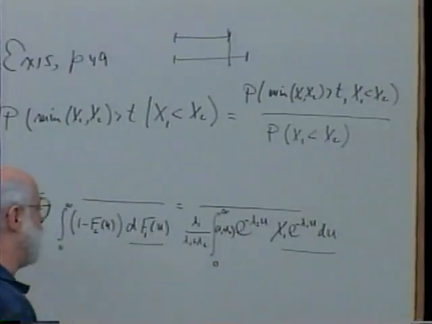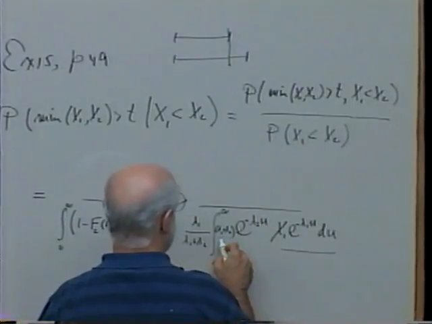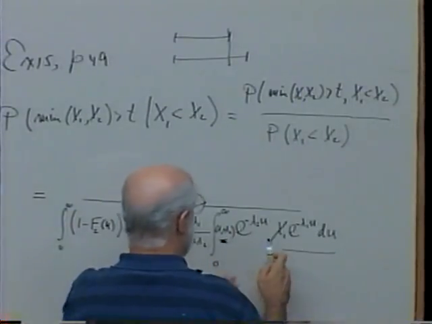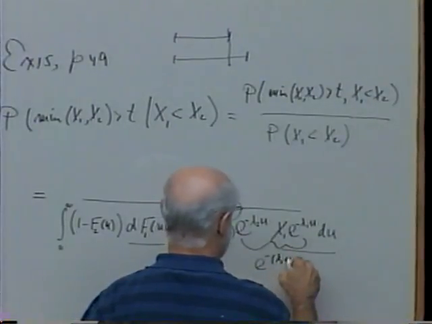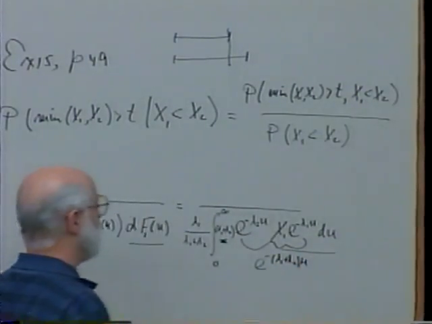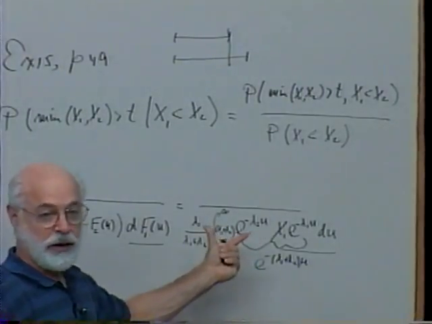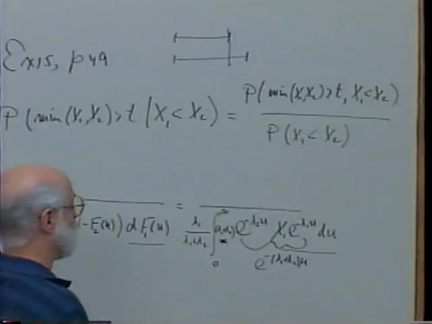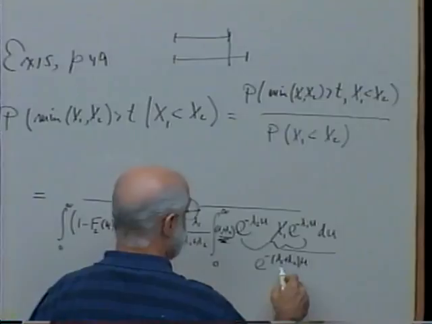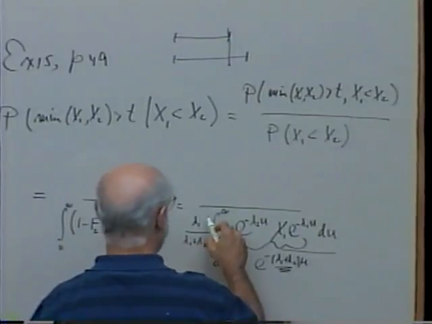The reason for doing that is to recognize that now what I have as the integrand is lambda 1 plus lambda 2 times e to the minus (lambda 1 plus lambda 2) u du. So you see that what I have inside the integrand is actually a density function for an exponential random variable whose rate is lambda 1 plus lambda 2. So that means that that integral would work out to be 1. Okay, so this whole integral is 1.